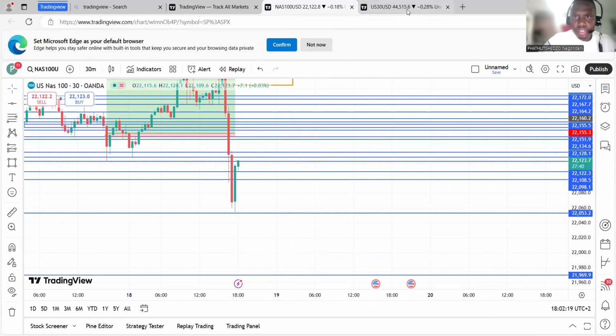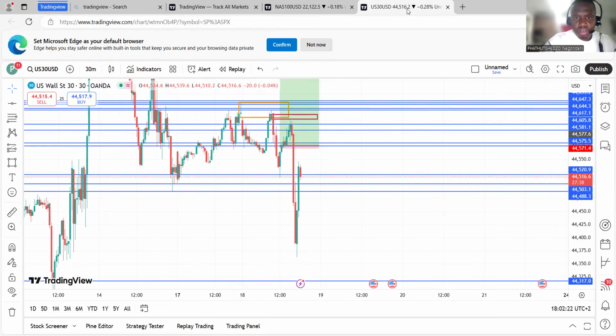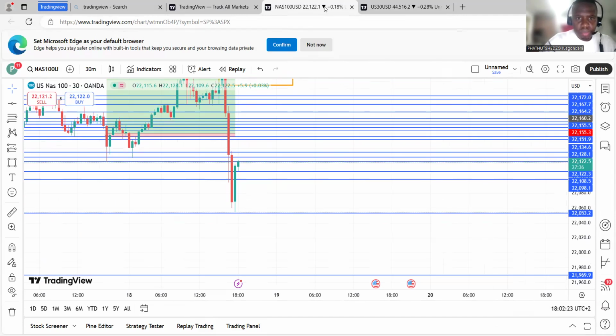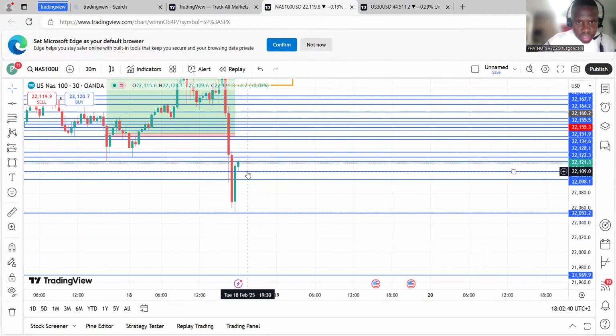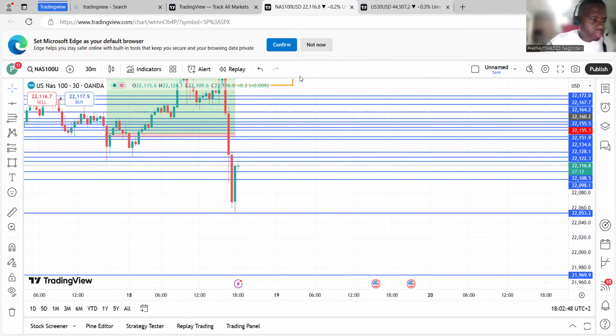Let me check US30 as well. All right, I bought Nasdaq just here, guys. And then as for the loss, I'm gonna determine it. I bought Nasdaq, guys. Let's see how it's gonna go.